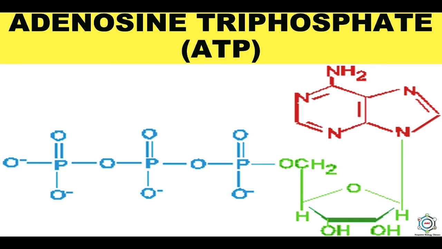It is trapped as chemical energy in the chemical bonds of organic phosphates for use when needed. These energy-rich compounds are called energy carriers. The most important energy carrier is adenosine triphosphate or ATP. It carries energy in the two terminal phosphate bonds.